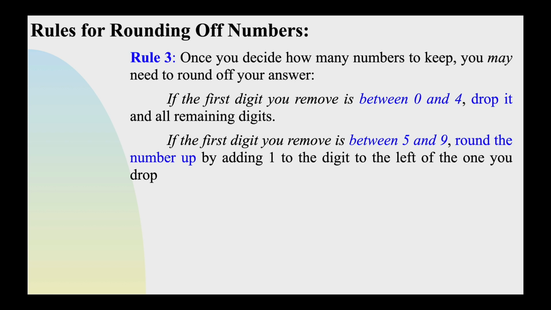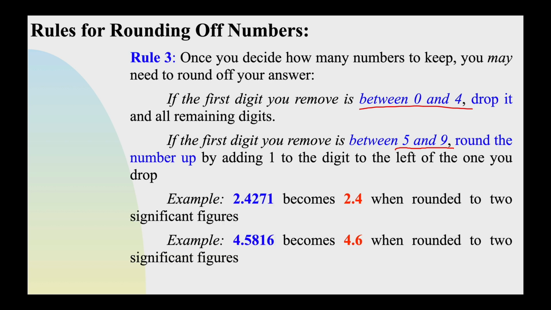If the first digit you're going to drop when you cut it off for sig figs is between 0 and 4, then you just leave it alone. But if the first number you're going to drop is between 5 and 9, then you round that last uncertain number up. Remember, that's the uncertain doubtful digit anyway, so we may not have a lot of confidence.